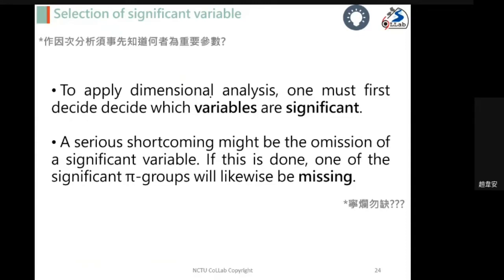To apply dimensional analysis, one must first decide which variables are significant. You can use more physical parameters to do the dimensional analysis. After the analysis, you finally only have the pi groups related to your physical phenomena. So you need to do the selection of the significant variables.